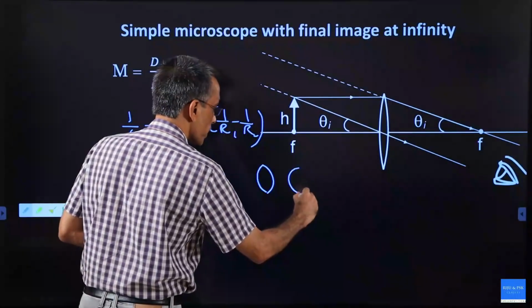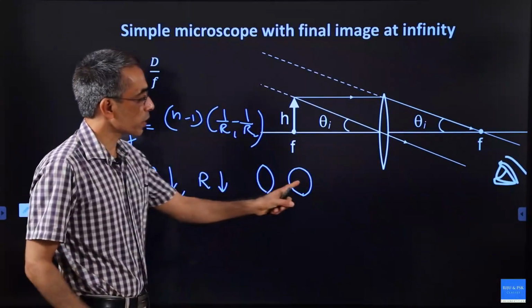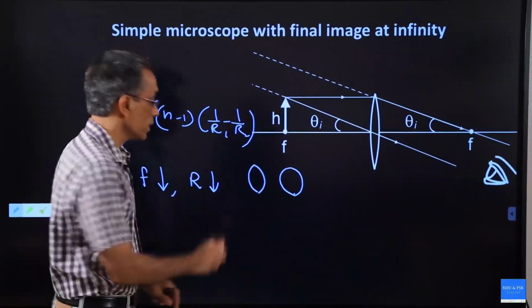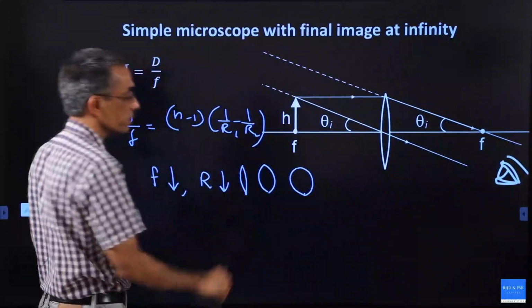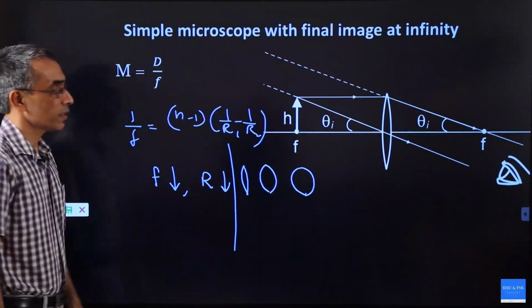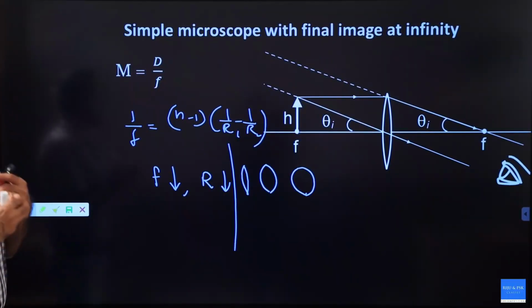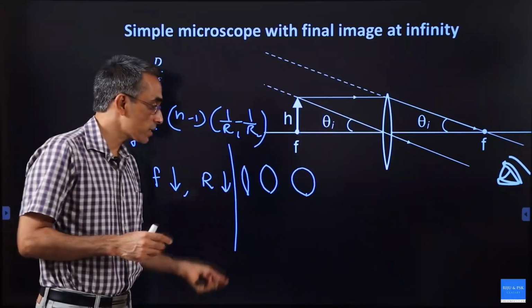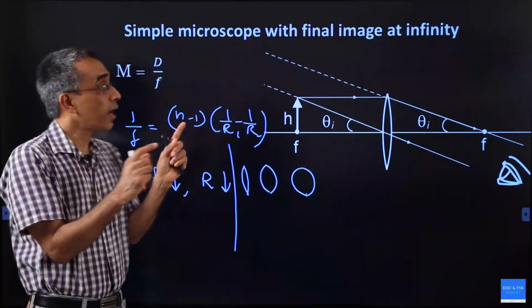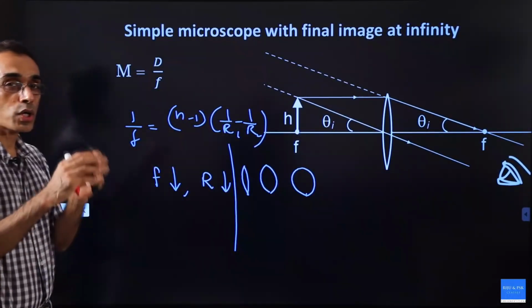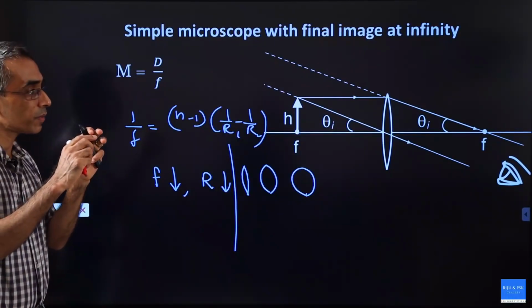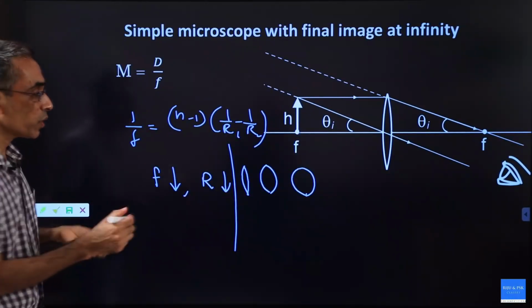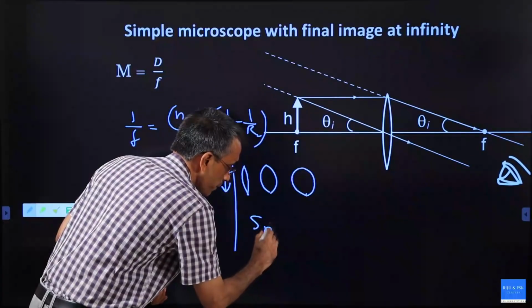It will become like this, spherical. This has a short focal length and this has a long focal length. So when you want high magnification, you go for a shorter focal length, the radius of curvature decreases, the lens becomes more and more spherical, and this will create a lot of aberration. We call it spherical aberration.